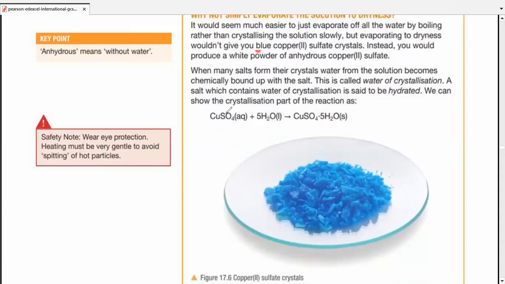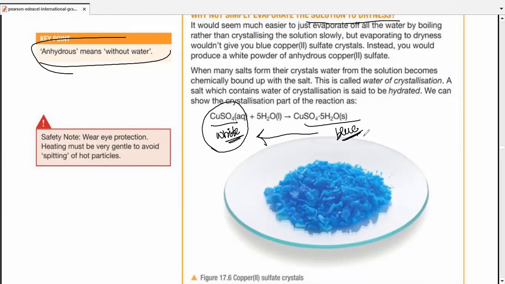Let me explain that this specific salt is white in color, and as soon as we added water, this was converted into blue. Now if you heat up this blue salt a lot, it can be converted back into this white salt. So that's why we never simply evaporate the solution to dryness. Because if we try to do so, we will convert this blue salt into a white one. So if we tend to evaporate the solution to dryness, we would always end up with the anhydrous salt, the salt without water.